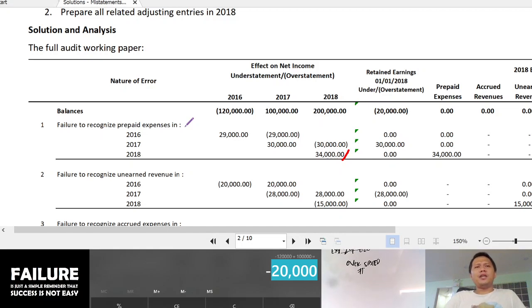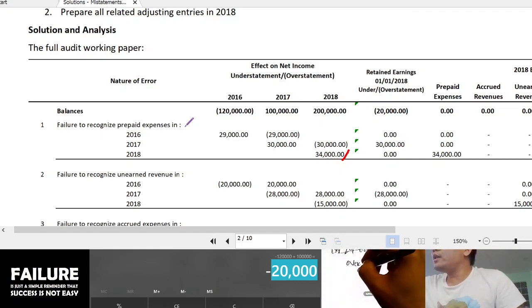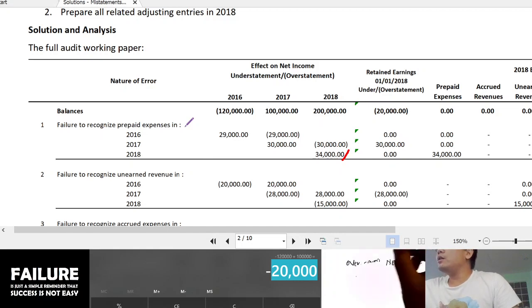But applicable siya for subsequent years. So the point is, if you fail to recognize an unearned revenue, it will what? It will overstate your revenue or net income. Okay? It will overstate your revenue and net income.